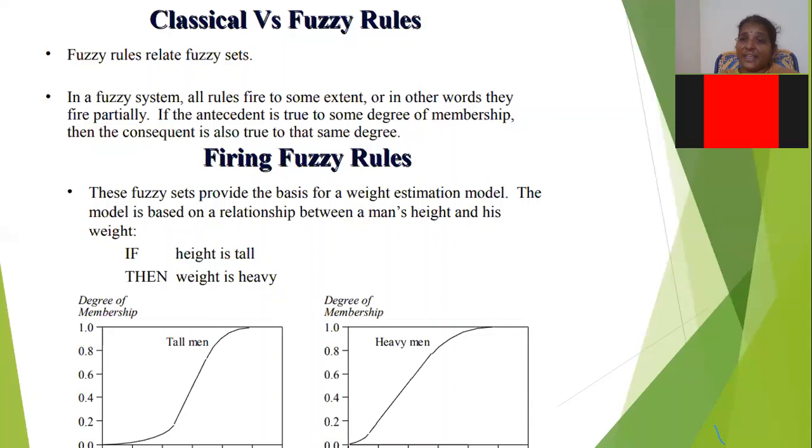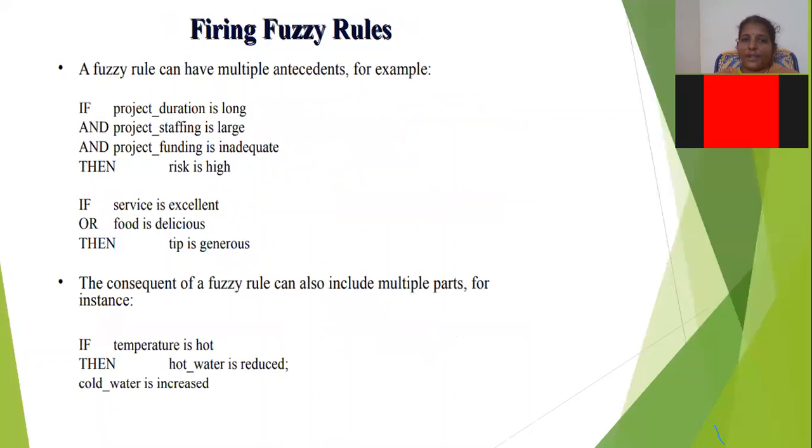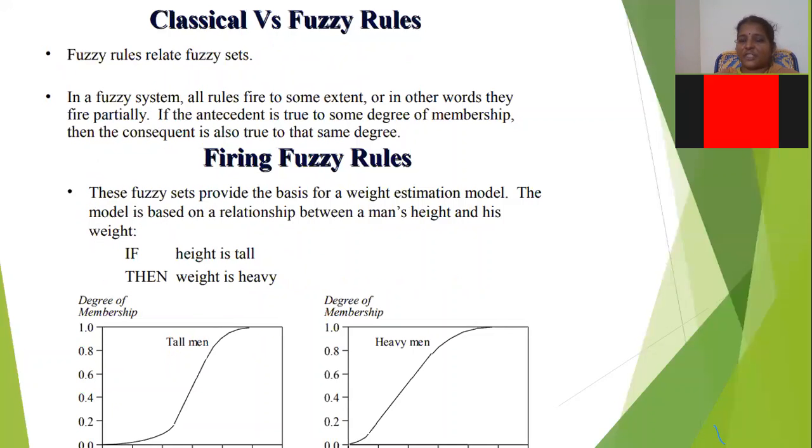Here you are expressing your degree of membership in linguistic numerical variables. Very tall 1, medium tall 0.75, average tall 0.4, like that. So based on this degree of membership function, you are defining the height and weight of a man.